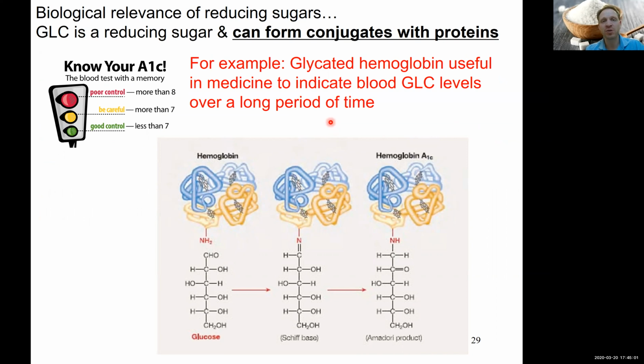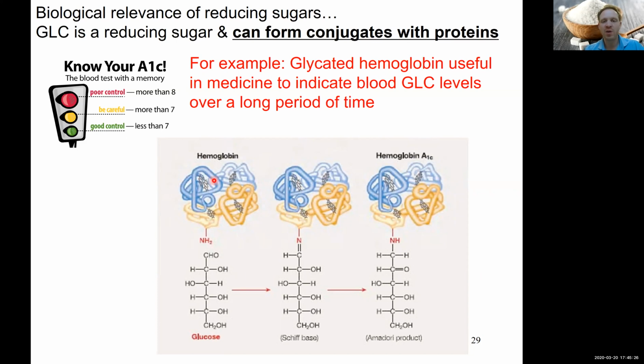And so reducing sugars, unlike non-reducing, can form conjugates with proteins, just as an example. A really good example is that reducing sugars, so free sugars, actually can form conjugates with hemoglobin.